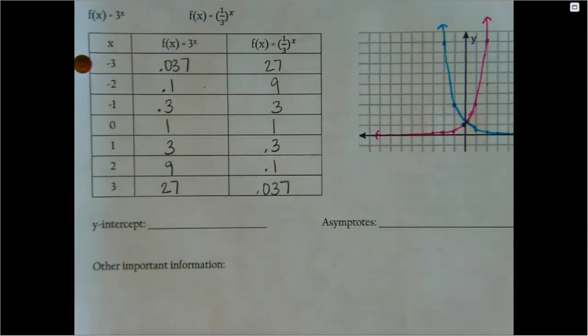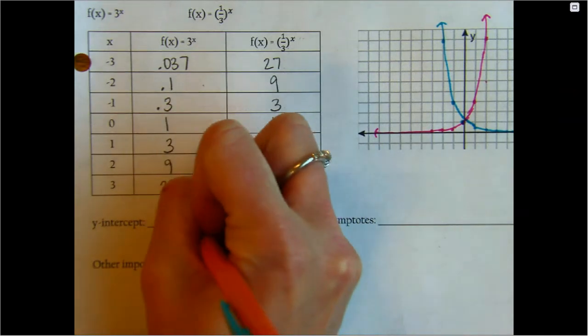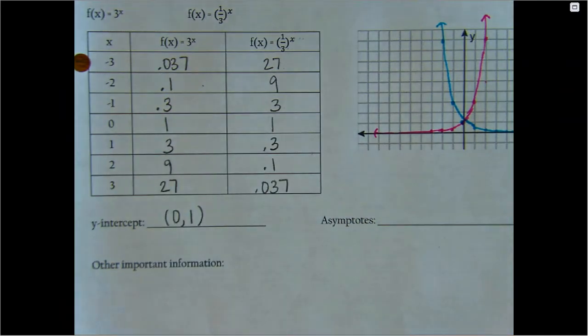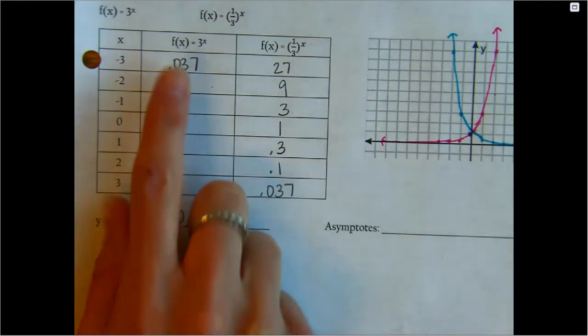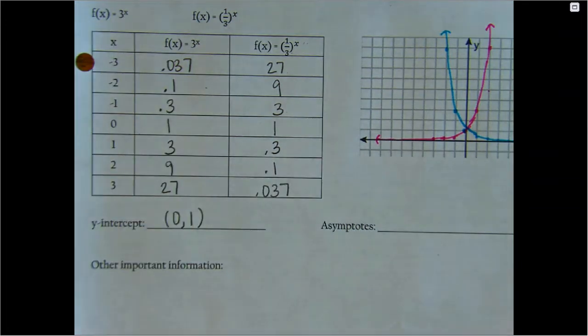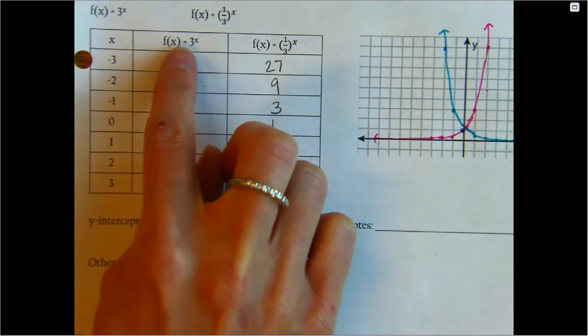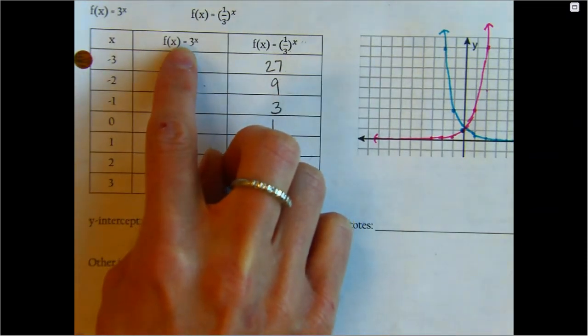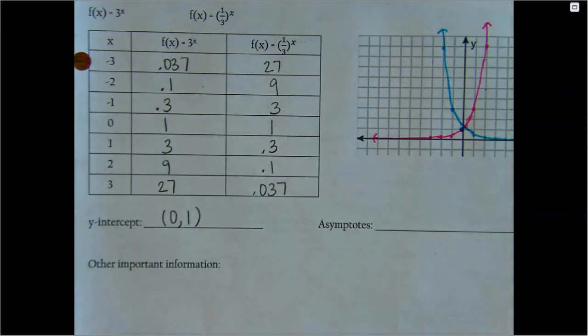Okay, so notice the y-intercept for both of these is the point (0, 1). Well, that's because if 0 is our exponent, any base to the 0 power is always going to be 1. So if you're not multiplying your function by something, if you don't have that a value, that stretch factor, your y-intercept is always going to be 1.